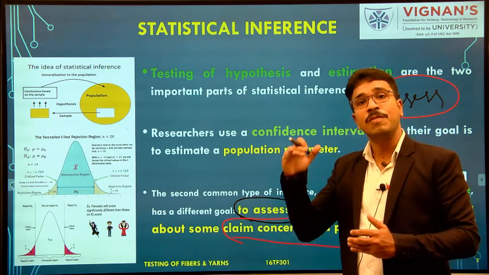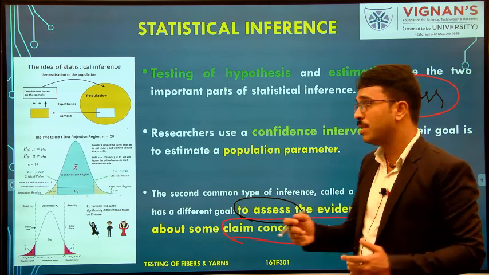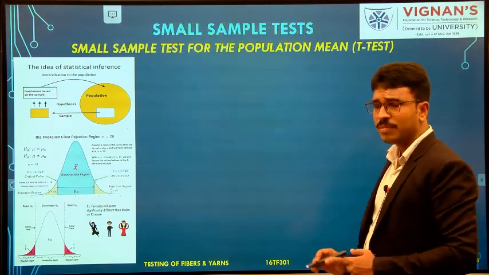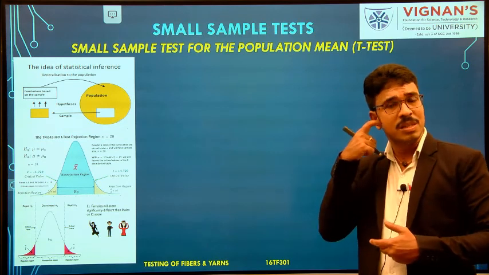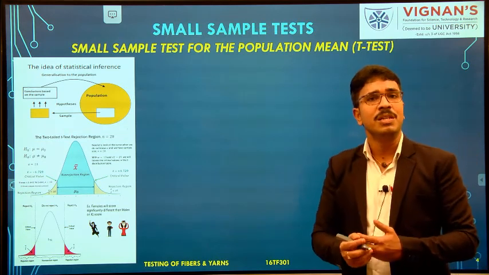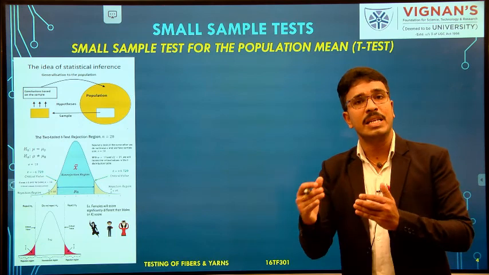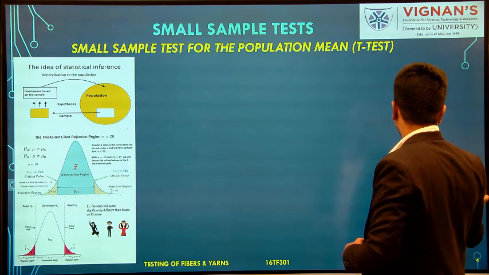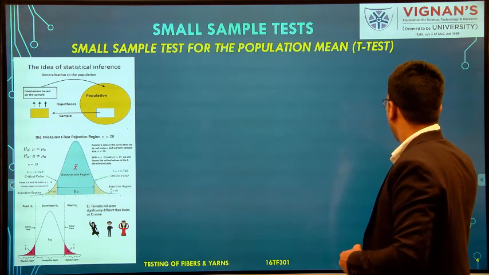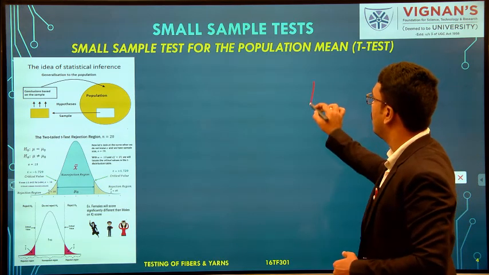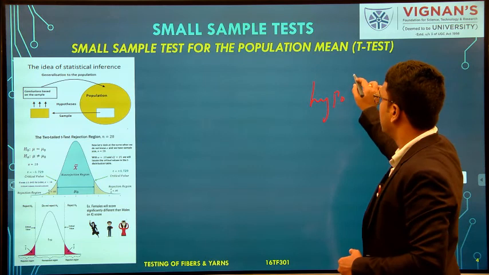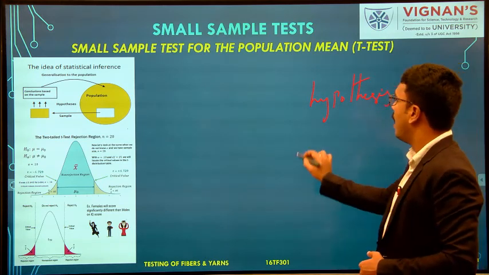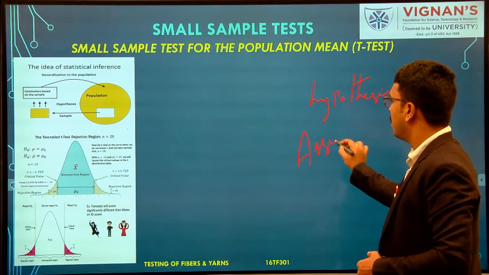Testing of hypothesis, which we discussed in the last class. In this testing of hypothesis, what are we doing generally? We are making an assumption. What do you mean by hypothesis? Hypothesis is nothing but an assumption.